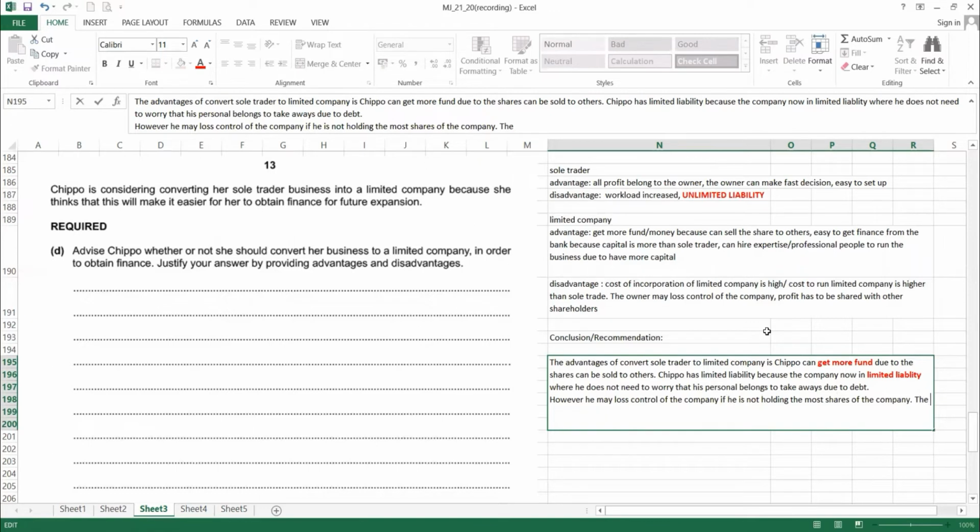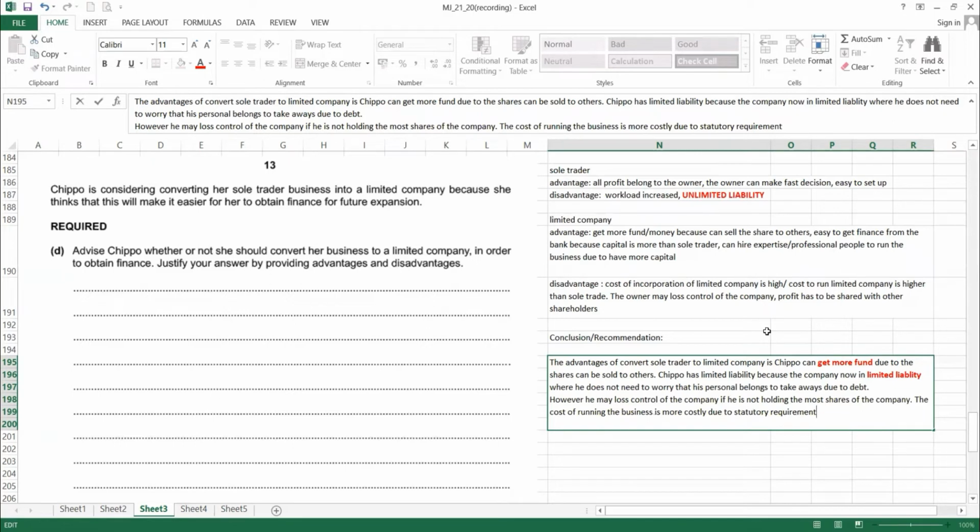Okay, the cost of running. Let me think. The cost of running the business is more costly due to statutory requirements.